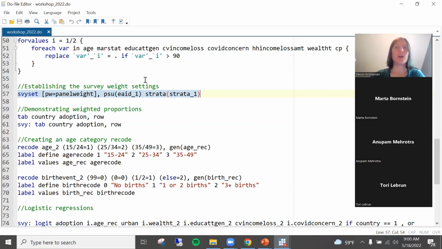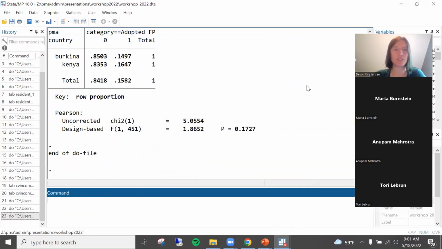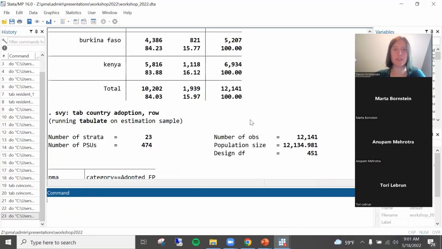To get a cross tabulation with a weighted proportion, I just insert the svy colon ahead of my cross tabulation or ahead of my logit. So I'm going to run both an unweighted and a weighted cross tabulation of how many women adopted family planning in both of these countries, just to compare the differences.